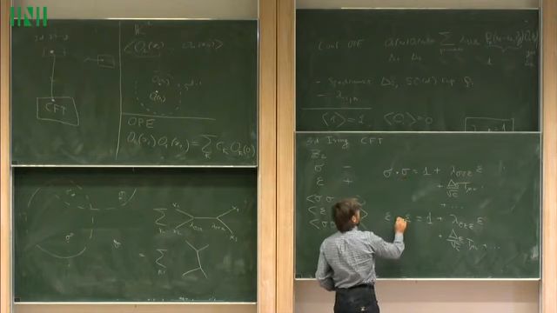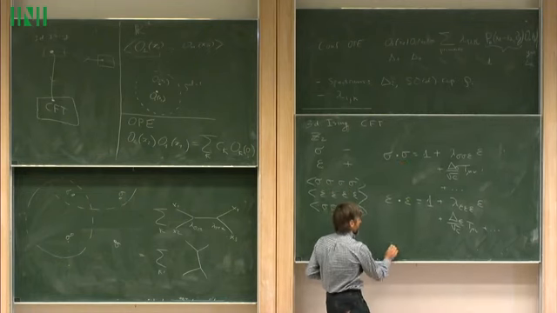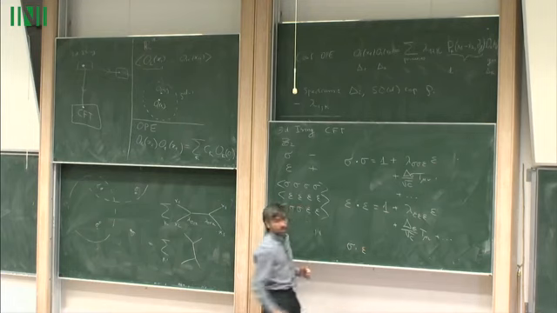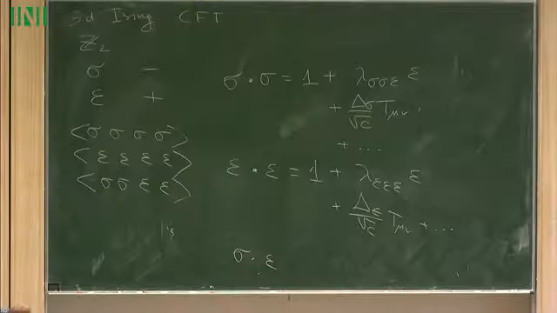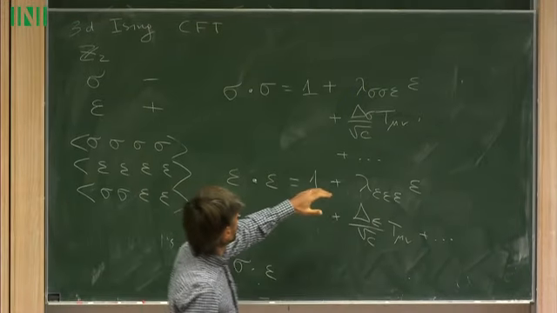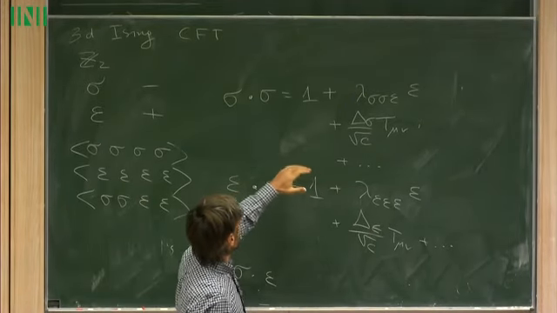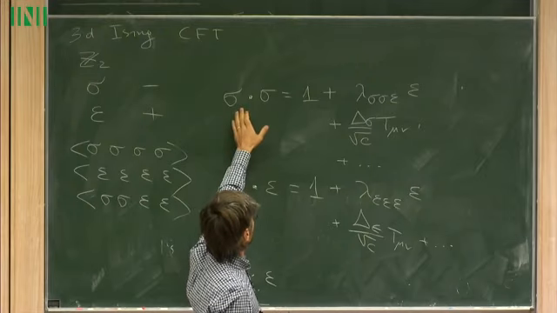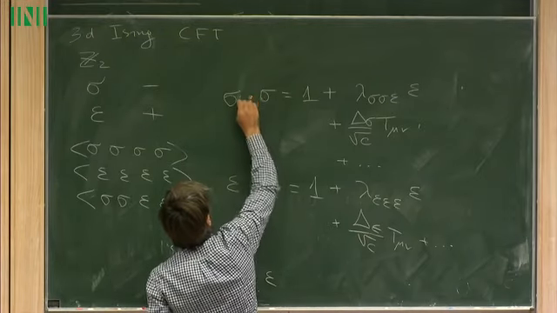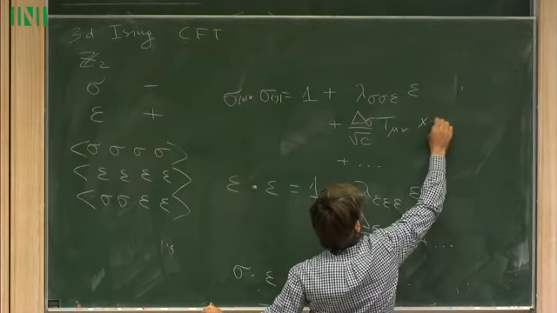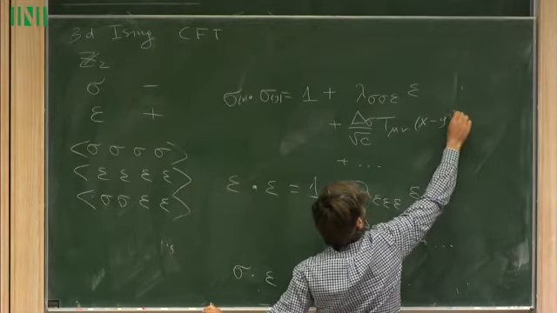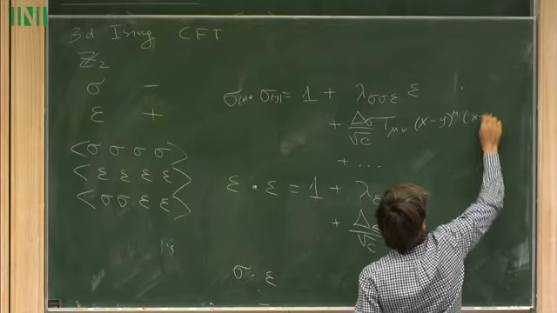But then, when you write T mu nu, the indices mu and nu would contract with the x's somehow? Yeah, they would contract with, if we have here x and y, then they will contract with x minus y mu, x minus y nu.